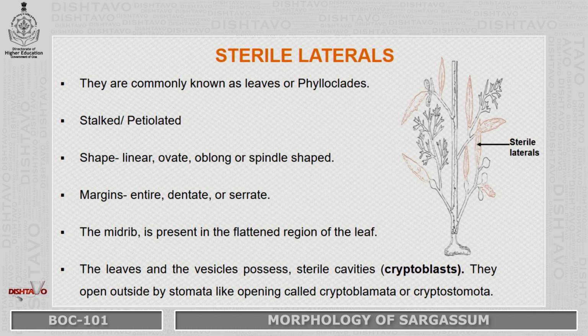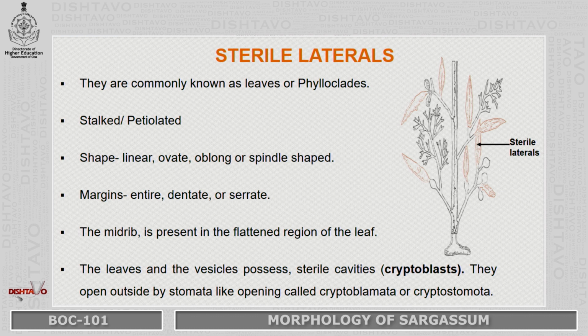Moving on to the sterile laterals. They are commonly known as the leaf or the phylloclades. They are stalked or petiolated. The shape of sterile laterals varies from linear to obovate to oblong or spindle shaped. The margins can be entire, dentate or serrate in nature.